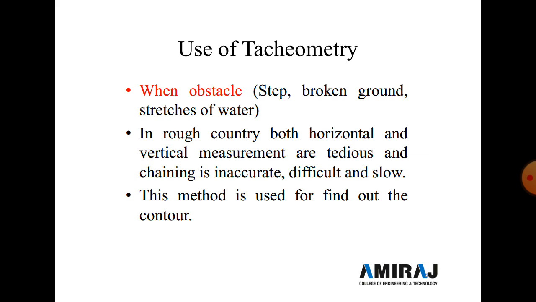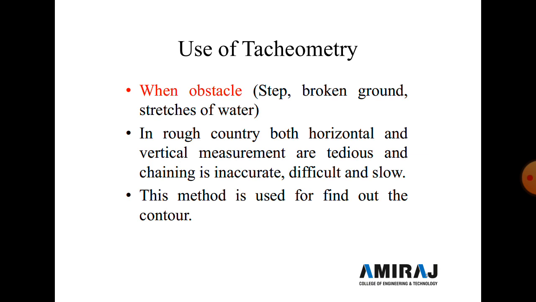Now the next point we discuss in tacheometry survey is the use of tacheometry. Here we use tacheometry when there are obstacles like steps, broken ground or a stretch of water.